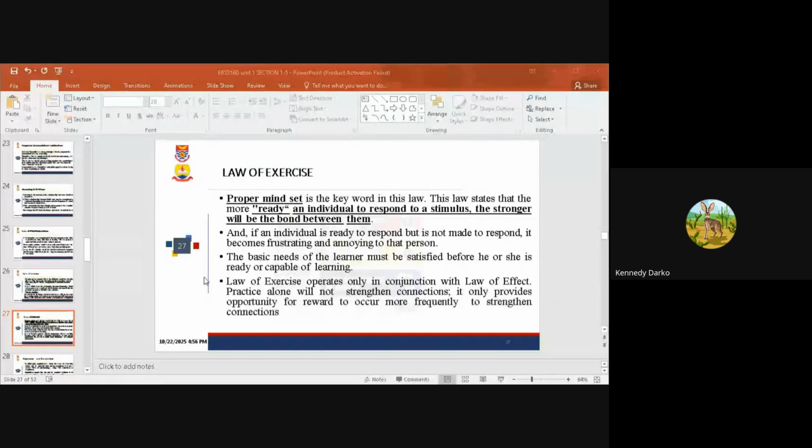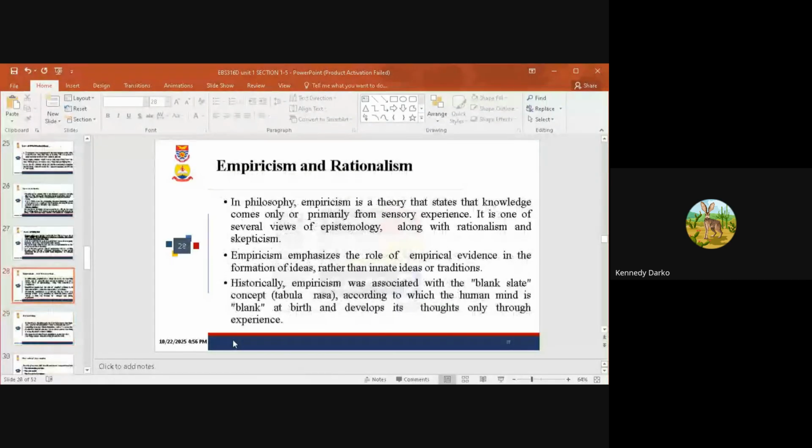All right, so let's move on. Now we have what we call empiricism or rationalism. Please, in the exam, sometimes they ask questions on these theories. In philosophy, empiricism is a theory that states that knowledge comes only or primarily from what?